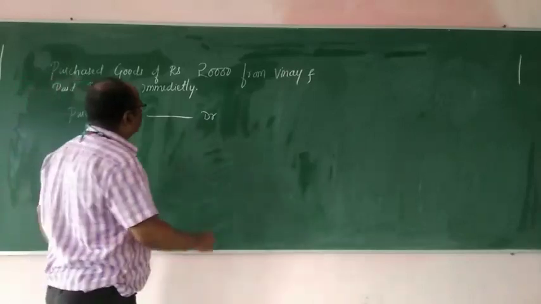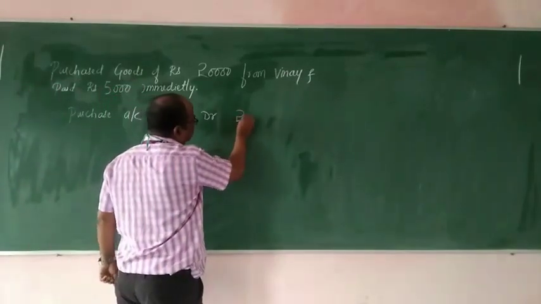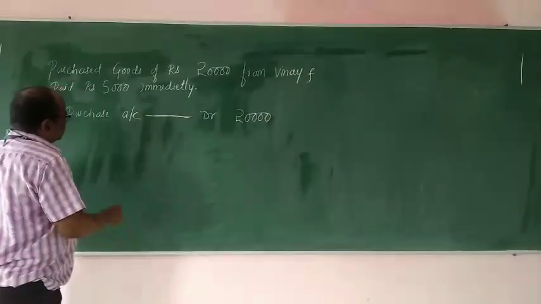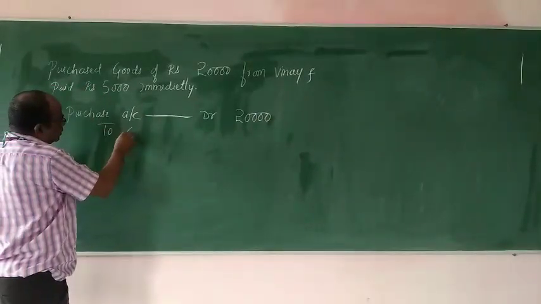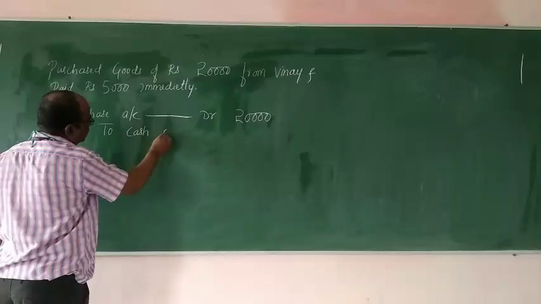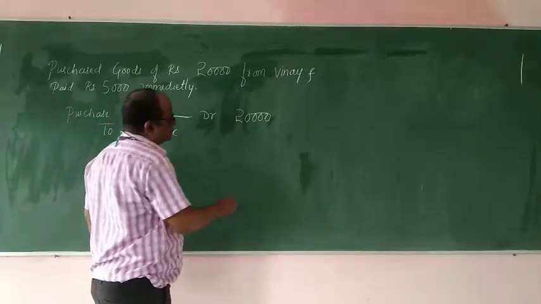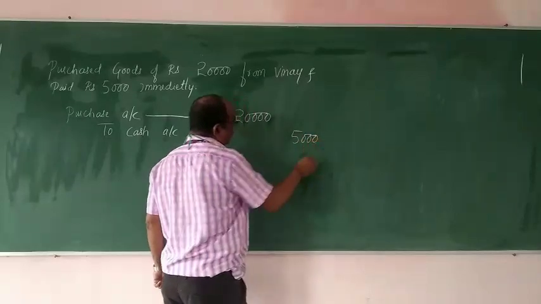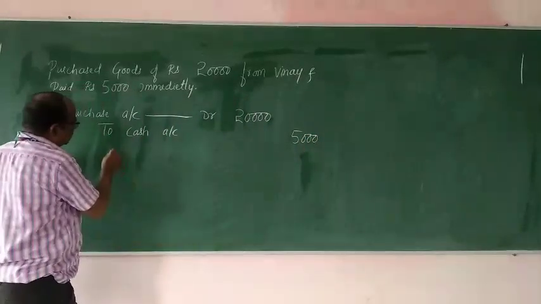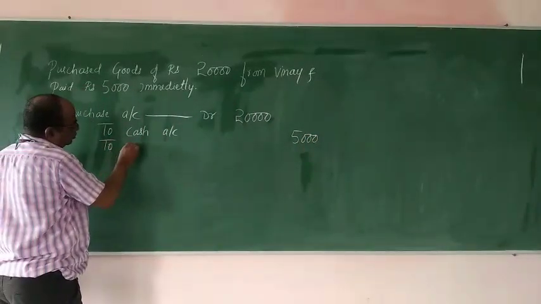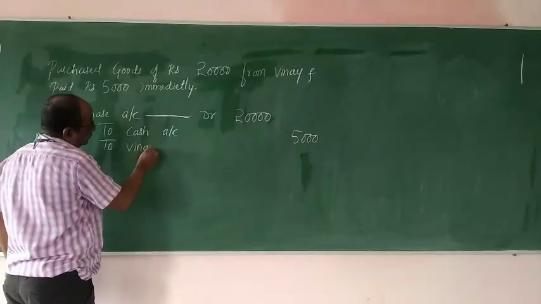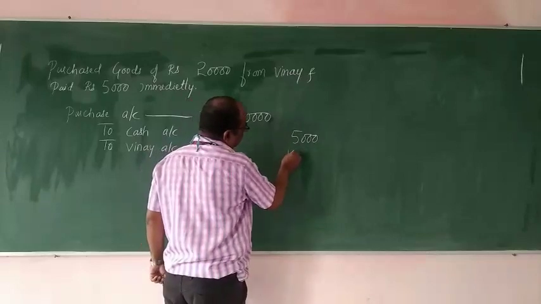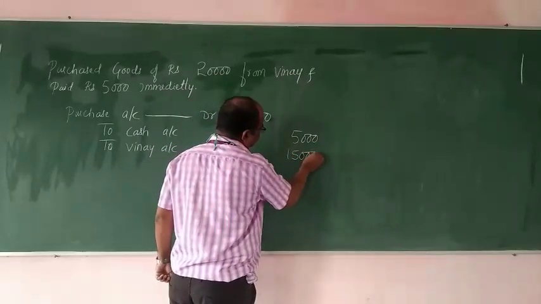So purchase account debit how much? 20,000. To cash, immediately we are paying how much? 5,000. To Vinay account, how much we are supposed to pay? 15,000.